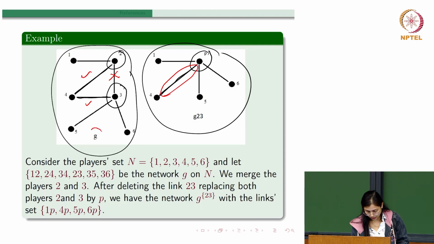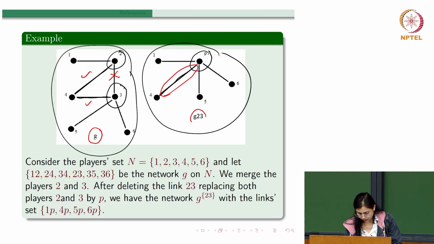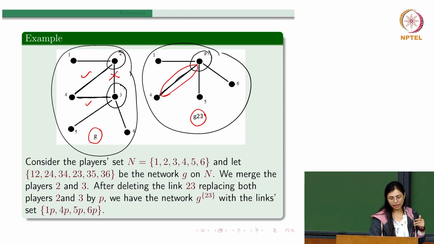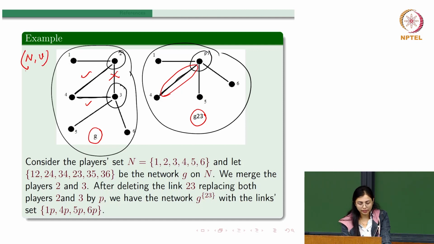If this is my original network, here players 2 and 3 are merged into a new player called P. And then if V is a network game, we define a new network game.